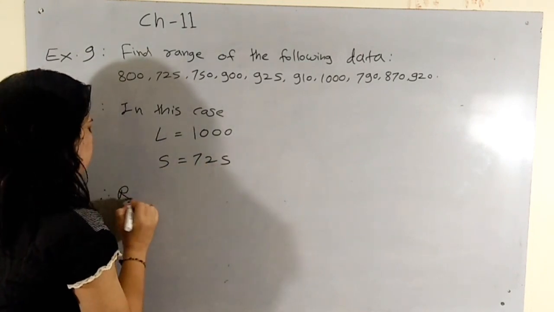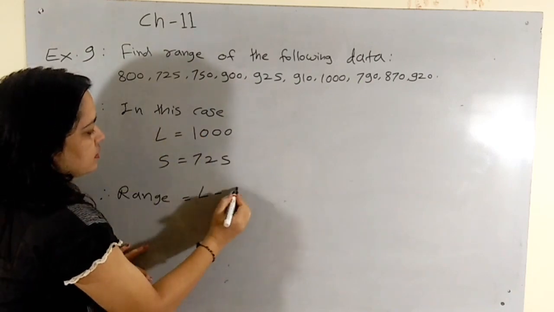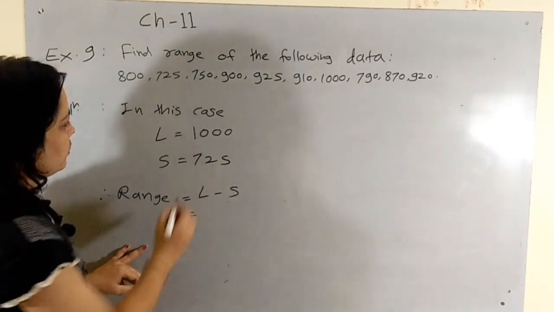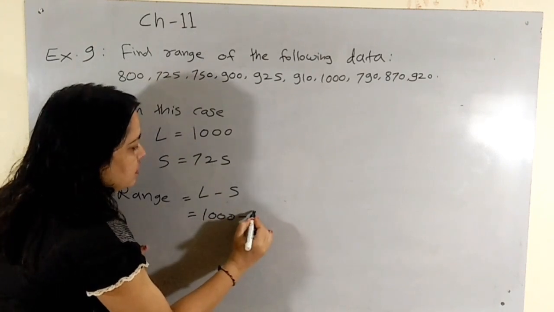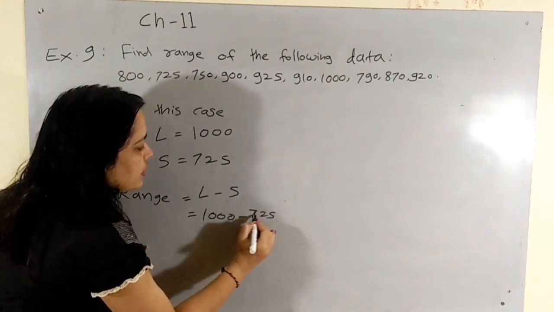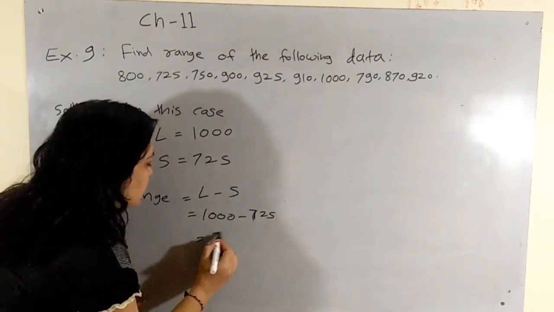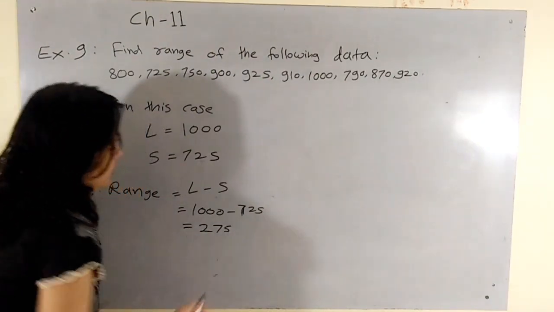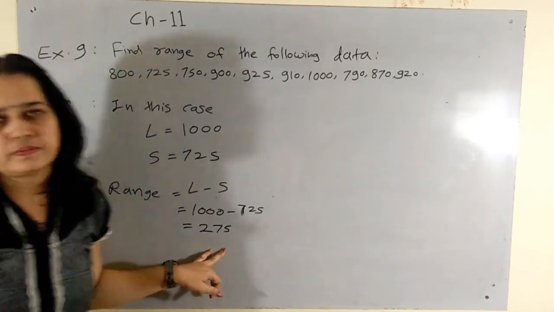Therefore range is equal to L minus S, which is equal to 1000 minus 725. Therefore range is equal to 275. Here we get range is equal to 275.